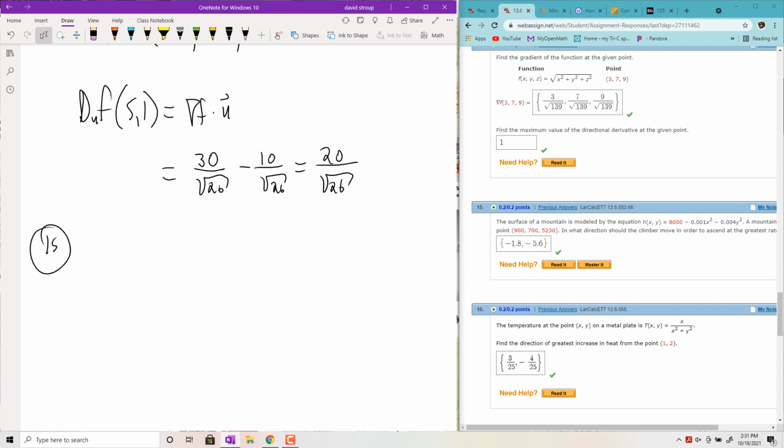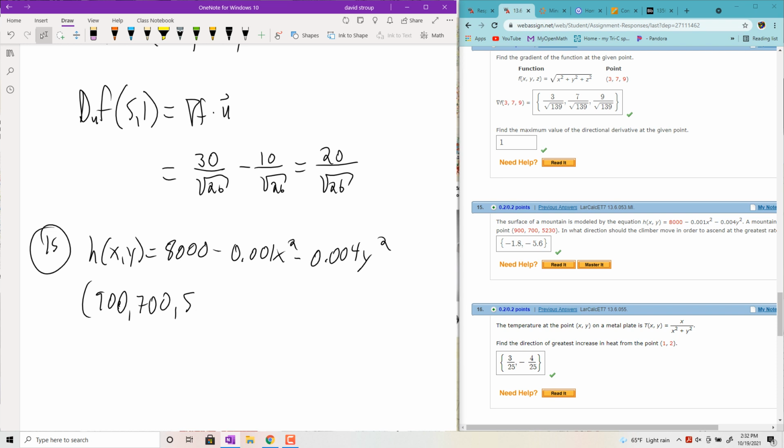All you have to do is find the gradient and evaluate it at the given point. Their hill function is given as 8,000 minus 0.001 x squared minus 0.004 y squared. You're located at the point 900, 700, 5230.